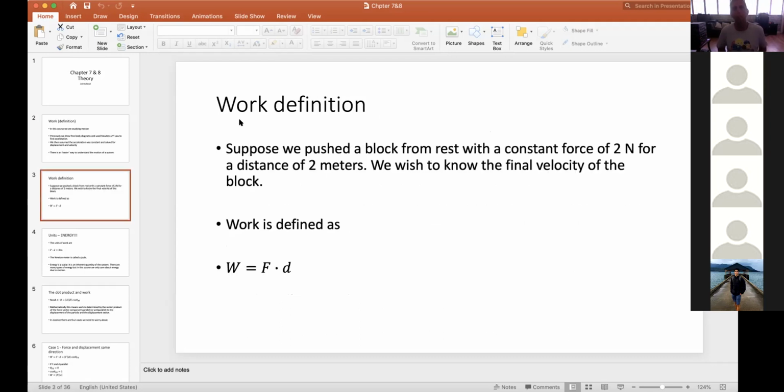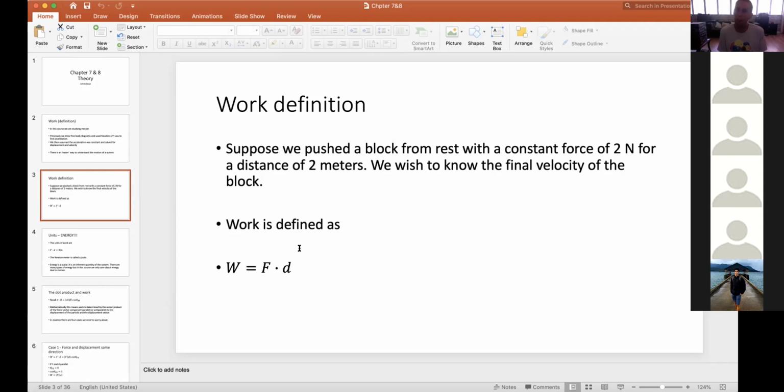So we can define work in vector analysis terminology as the dot product between a force and a displacement. We'll talk about what that means.